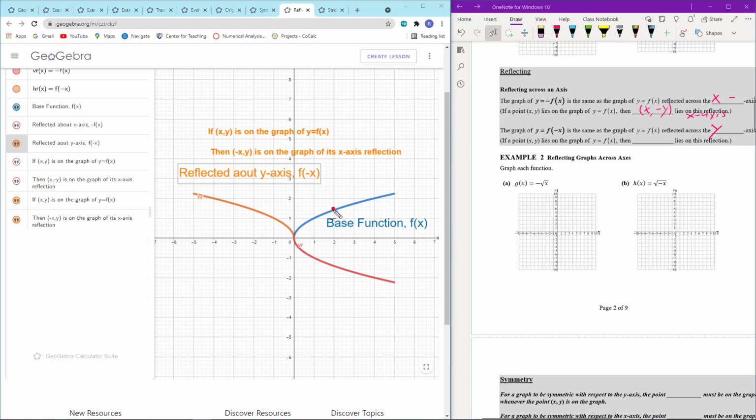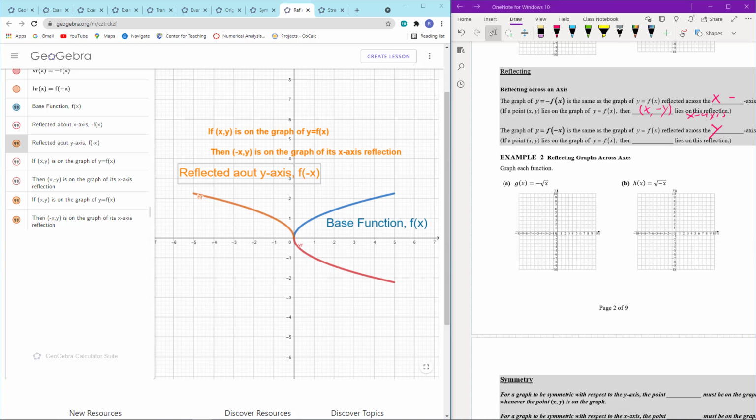So let's take our point x, y. Notice that x, negative y lies on the reflection about the x-axis. And then negative x, comma y, which is right there, lies on the reflection about the y-axis.